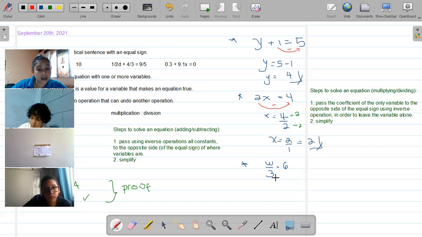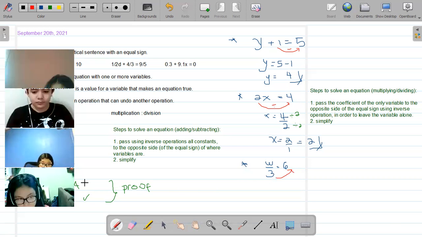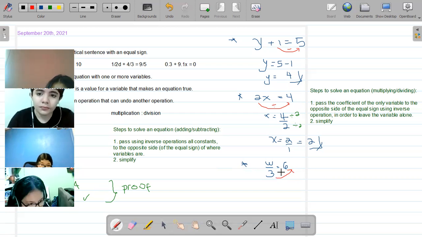The 3 is dividing, so I pass it to the other side with the inverse operation. What's the inverse operation? If it's a division, it goes to the opposite side: multiplication.